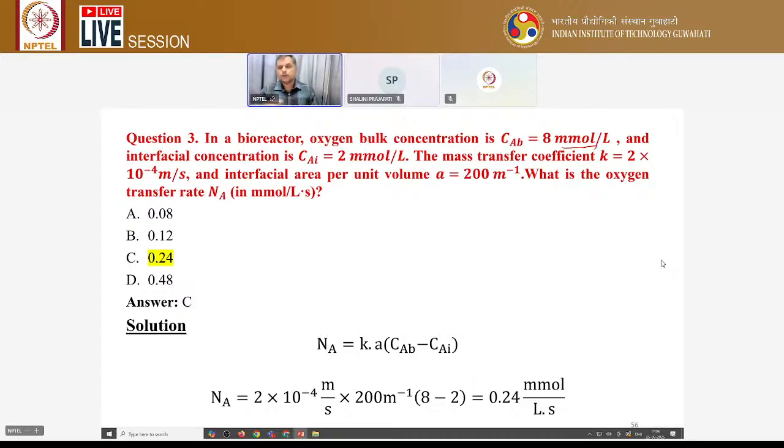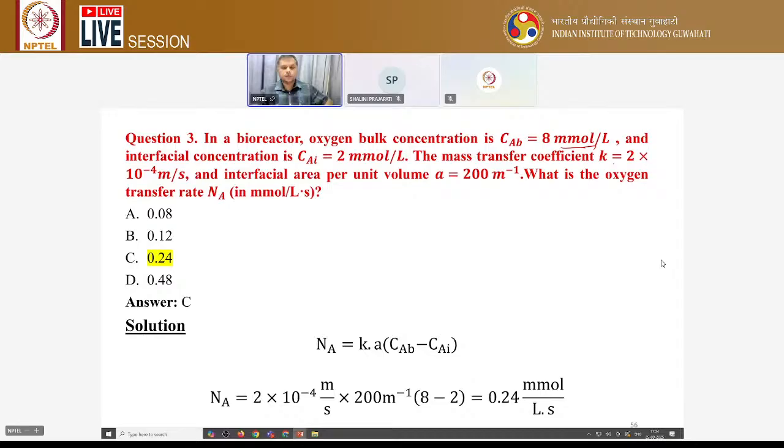And mass transfer coefficient is given 2 into 10 to the power minus 4 meter per second. Interface area is also given, A. We need to find the oxygen transfer rate. So straightforward, it's K into A, CB minus CI. So delta C is the driving force. And you get the answer as 0.24 millimole per liter.